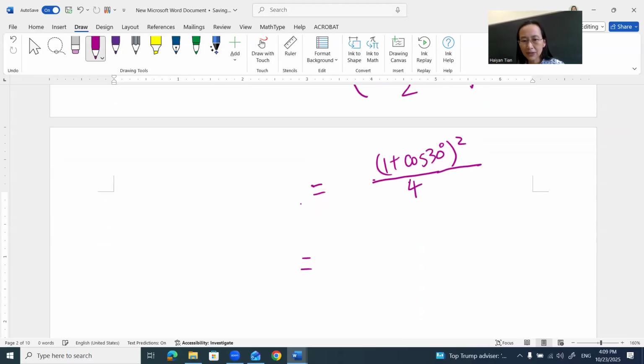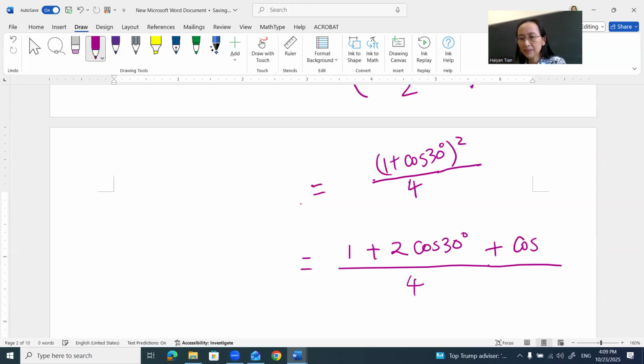But we can continue, because the numerator, let's keep the 4 here. When you square the two quantities, what we do is the first quantity squared plus twice their product, 2 times 1 times cosine 30 degrees, plus the cosine square 30 degrees.